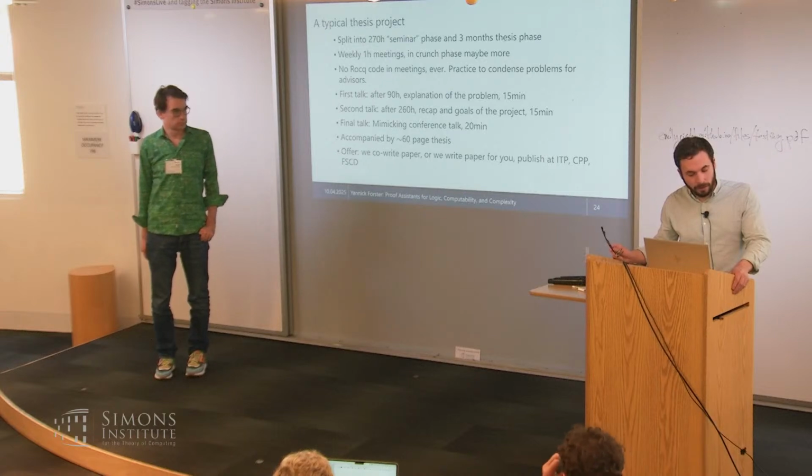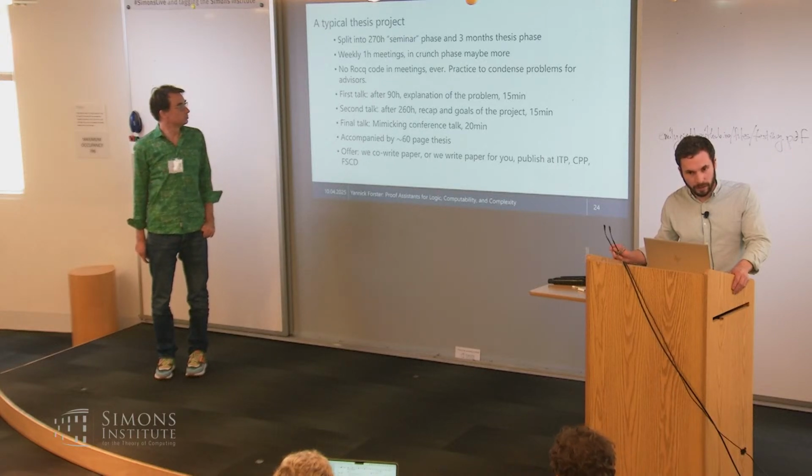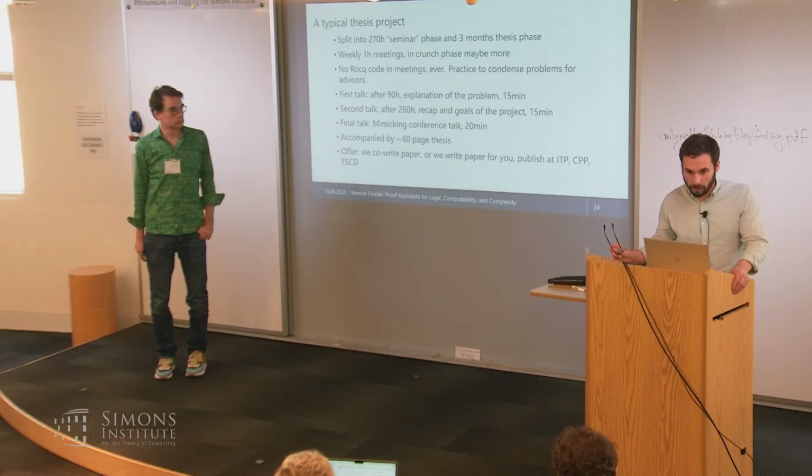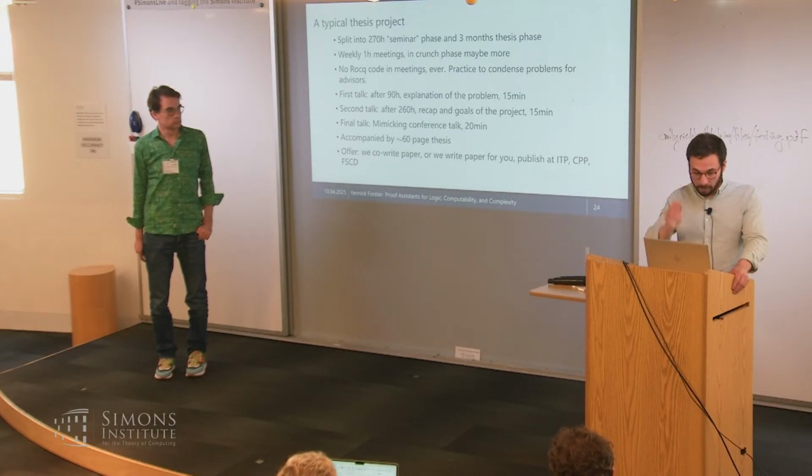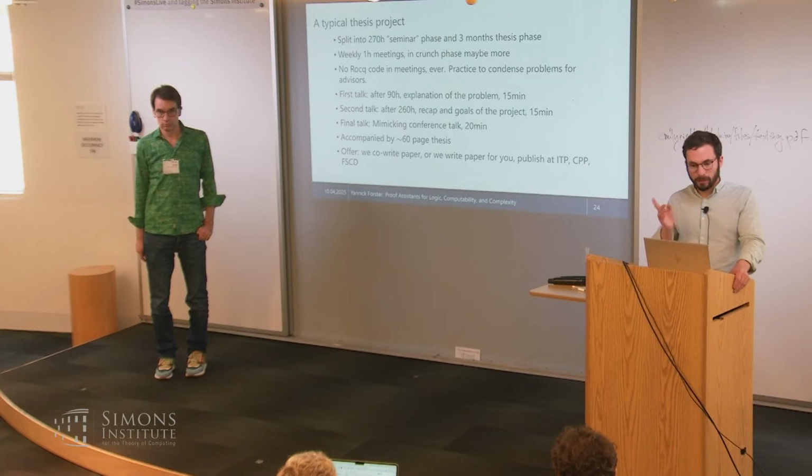And the 3 months should be something like 15 or 16 credits. So this is getting close to 30 credits, but not quite. In the seminar phase, it's not full-time. In the 3 months, it's full-time. So it's 3 months full-time plus 270 hours of time. And we actually told our students to more or less log their hours. So this is really the case.